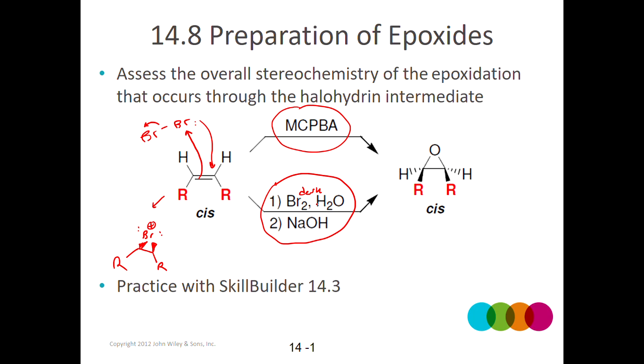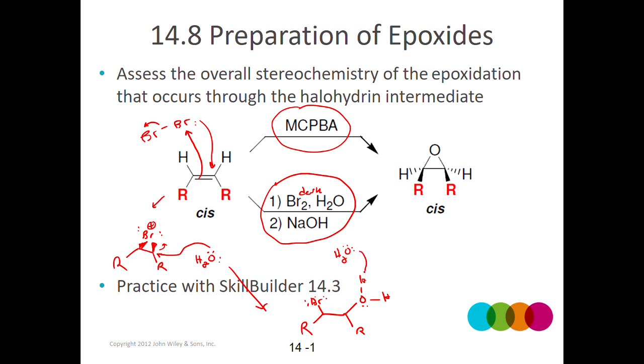Since water is the solvent, it's everywhere in that reaction, it would be the first thing to attack. So you'd have a water here and a Br here. So if you want to get a bromide and an OH adjacent to one another, this would be a good way to do that.